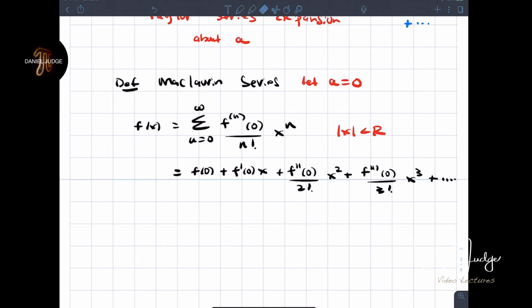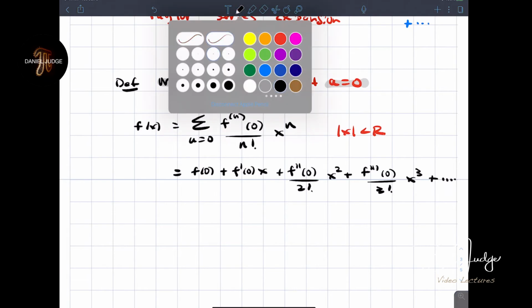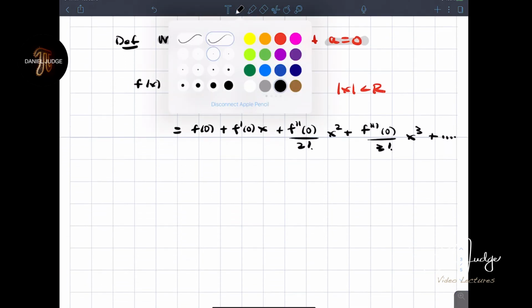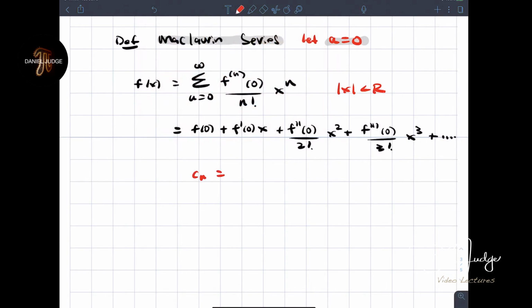And this is the Maclaurin series expansion. It's just simply take the Taylor series and let a be 0. So this is really a power series about 0, and you have all your coefficients here. The coefficient Cn in this case is f^(n), the derivative evaluated at 0 over n factorial, for n being 0, 1, 2, 3, and so on.